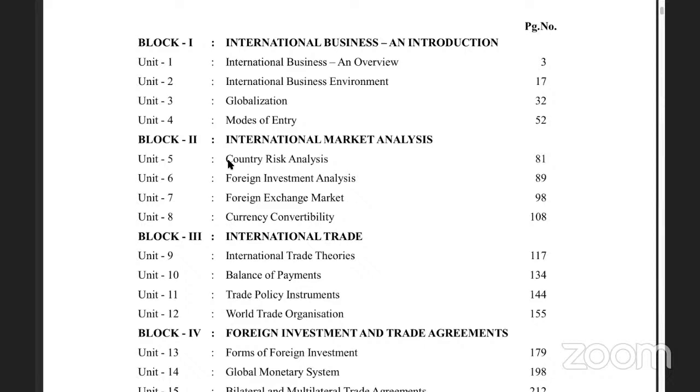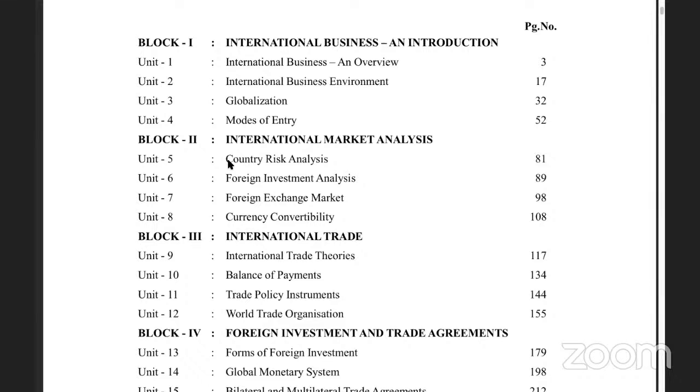Otherwise, we'll skip this and go ahead. I've just given you the idea of how investment analysis is made. There are some traditional techniques like the profitability index, payback period, net present value, and internal rate of return, how they are calculated and how the decision is taken by the investors.